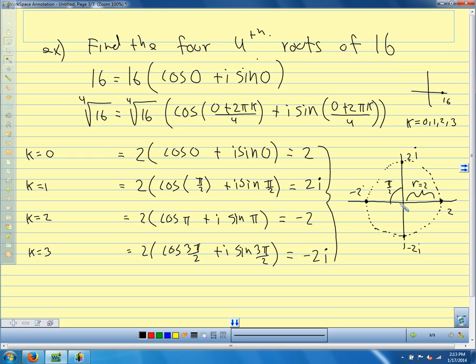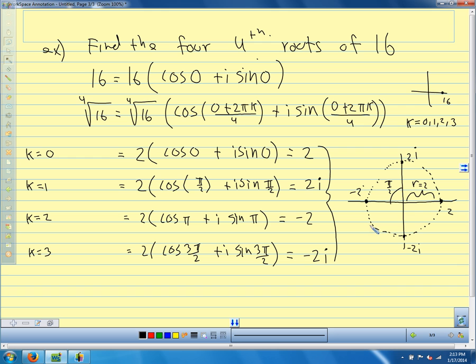So our roots end up on a circle with radius r, whatever our r is, and they're equally distributed around the circle in intervals of 2 pi over n, whatever the root is that we're taking. So here we have 2 pi over 4, or pi over 2, so every pi over 2 units I get a new root. What I could do is find my original angle, which is 0, and I find a new root every pi over 2 units at radius r, and that's going to be my point.